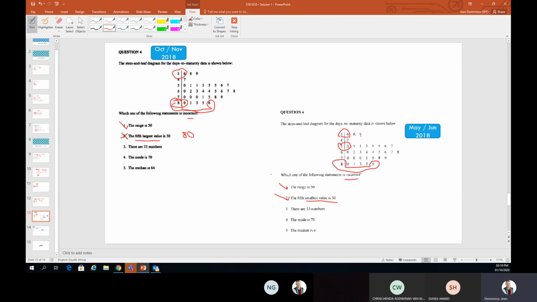Okay, so by looking at the same data, the question can be structured a bit differently, so that you can get two different answers. And that is how your exam will be with the different papers, to say you've got the same question.